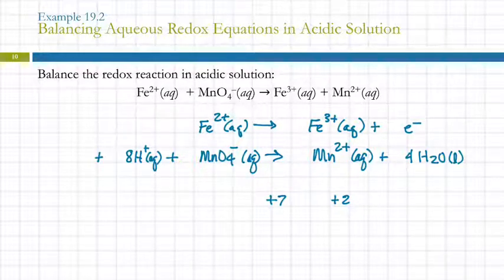And again, this math isn't hard, but the positives and negatives make it easy to screw up. So now I've got -5, and together those make +2. So we're just going for the same on each side, which means you're only adding electrons to one side of each half reaction.